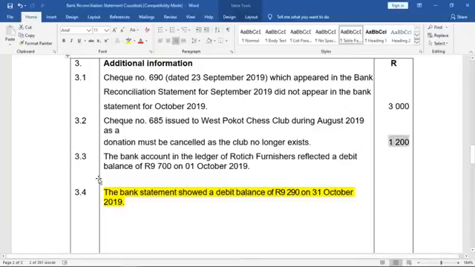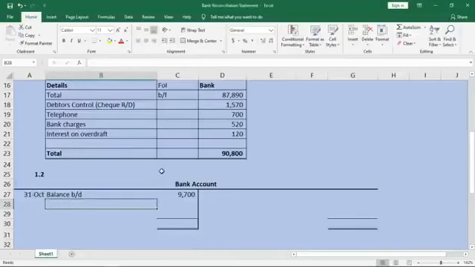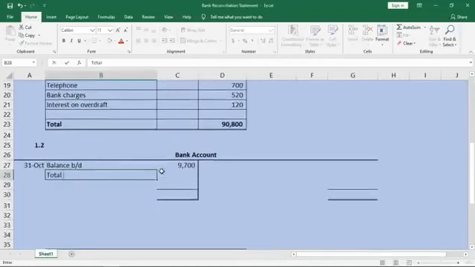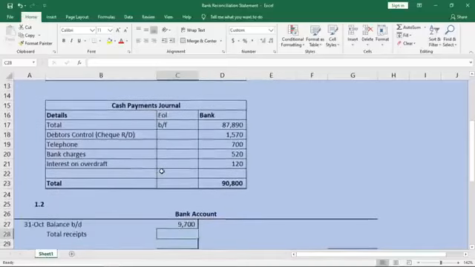And then here, what were we told? First of all, that the bank account in the ledger of Rotich Furnishers reflected a debit balance. So according to our books, we had a balance of 9,700. That's the first thing we do. We put that 9,700 in the bank account ledger. And then what's the next thing that we do? We put total receipts from the cash receipts journal, 90,200.